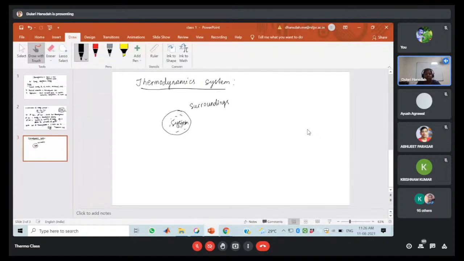Okay, so this system and surrounding both will be separated by the boundary. This boundary may be real or it may be imaginary.